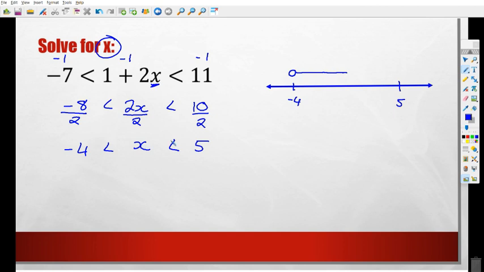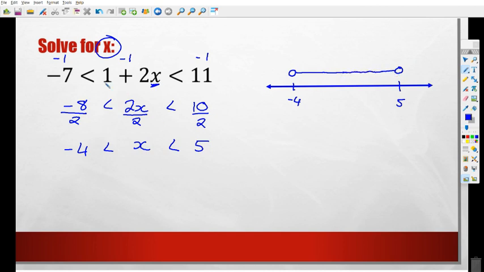And here they say x is smaller than 5. Is it including 5? No. But they say that x is smaller than 5, to the left or to the right? To the left.